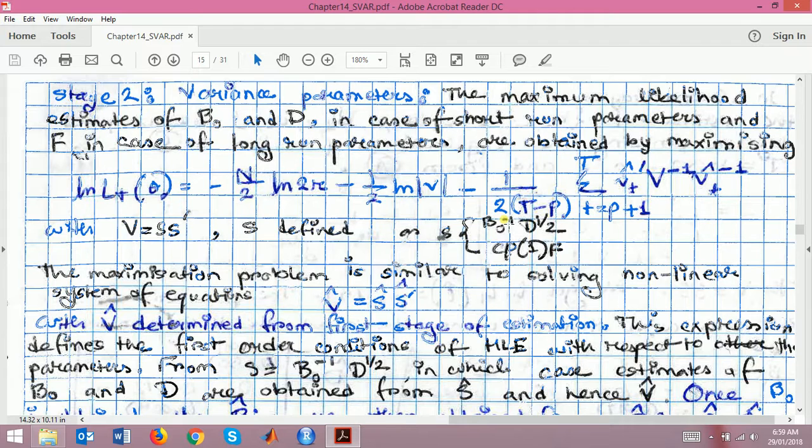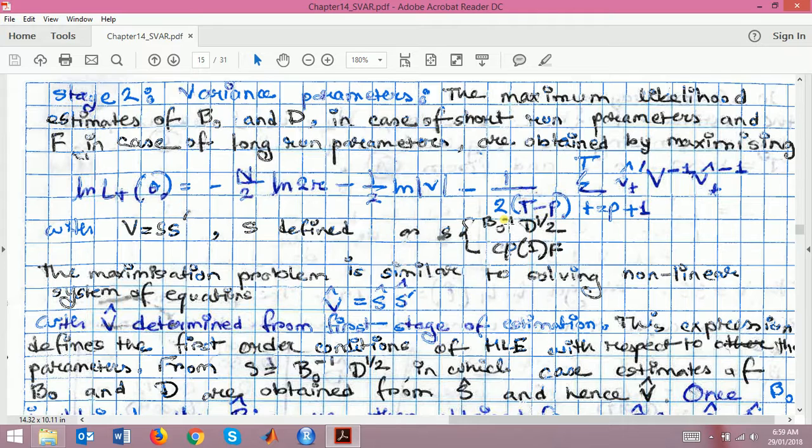So this maximization problem is exactly as solving a non-linear system of equations with v equals s transpose, v determined from first stage estimation. We have already in the first stage estimation determined the variance covariance matrix.